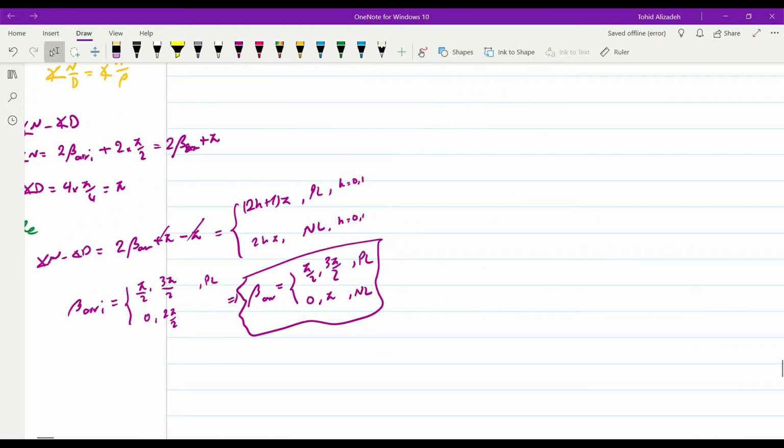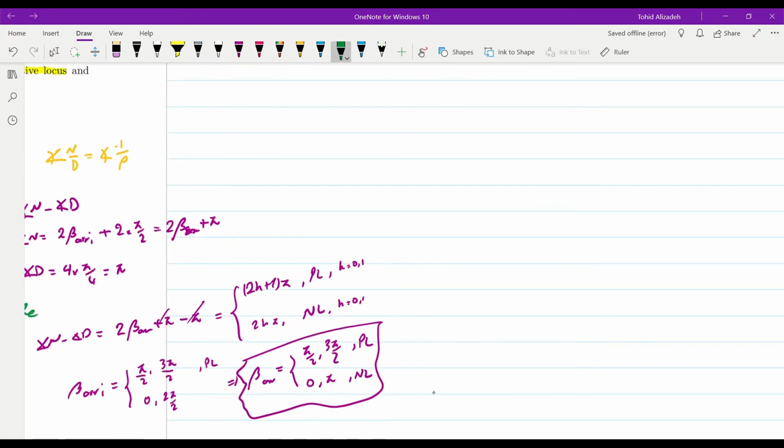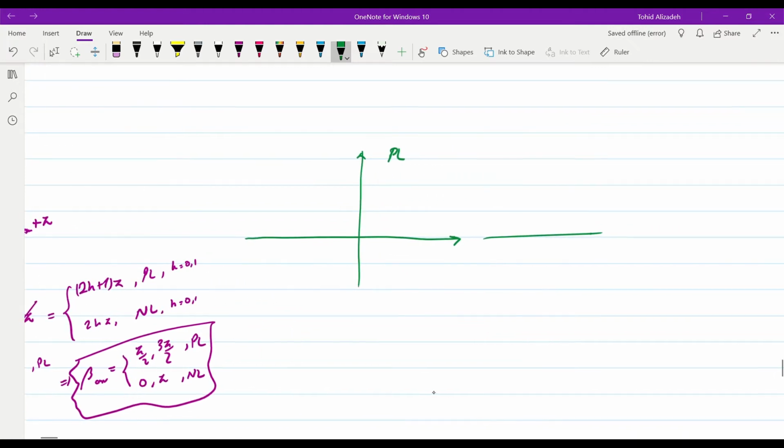Let me show the angles here on a separate graph. This is what we are going to have for the positive locus, and another one for the negative locus. We have 2 zeros and 4 poles.